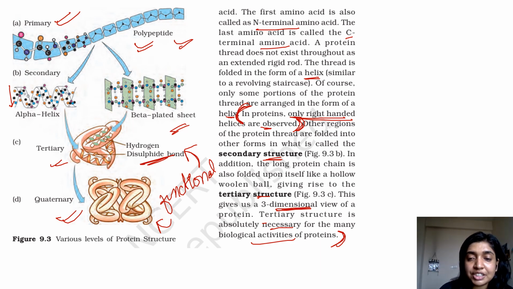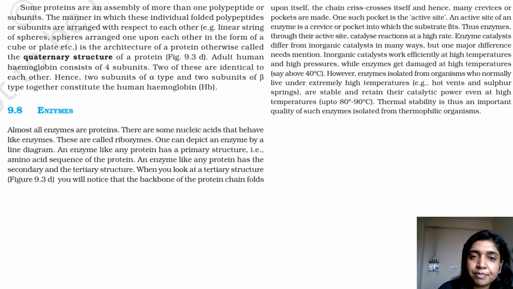If the tertiary structure is not there, then the protein will not be able to perform its functions. So moving ahead, some proteins are an assembly of more than one polypeptide or subunits. The manner in which these individual folded polypeptides are arranged with respect to each other is the architecture, otherwise known as quaternary structure. This part has also come in your NEET.